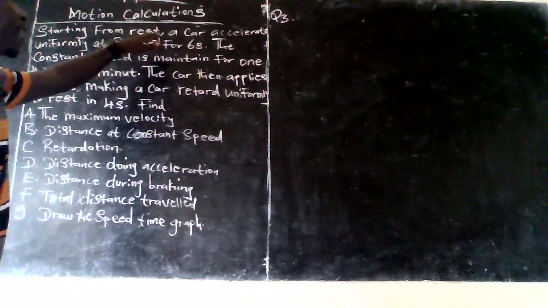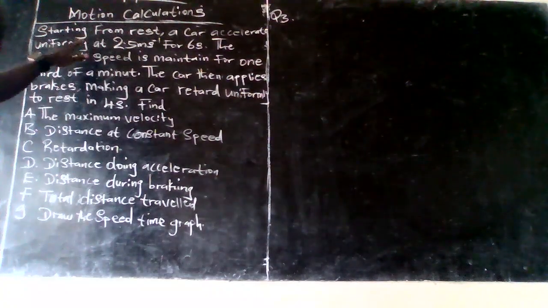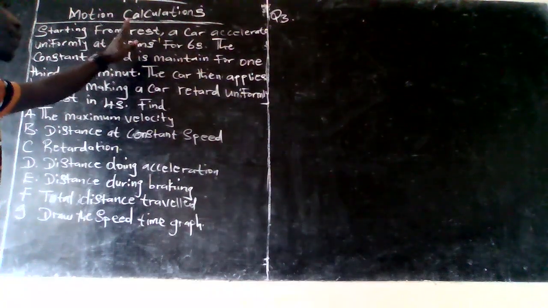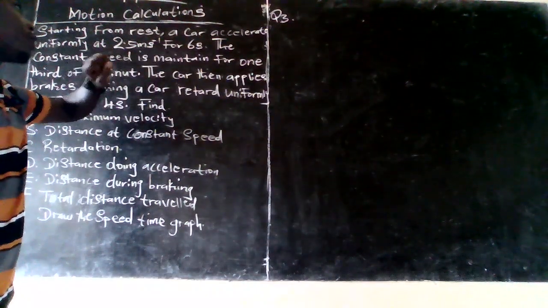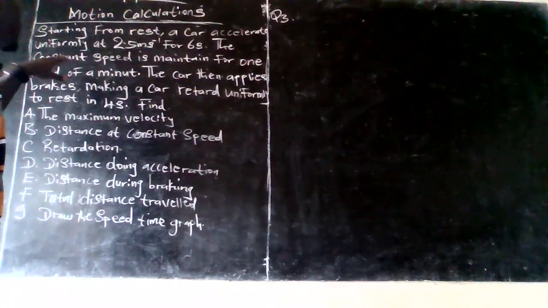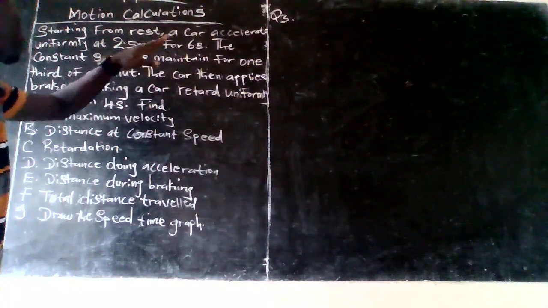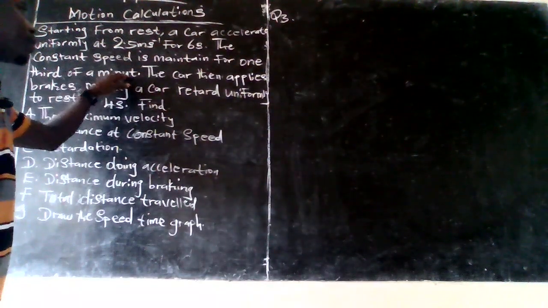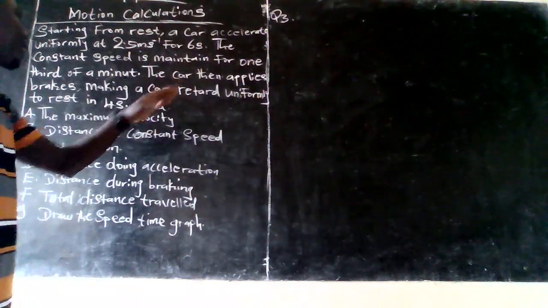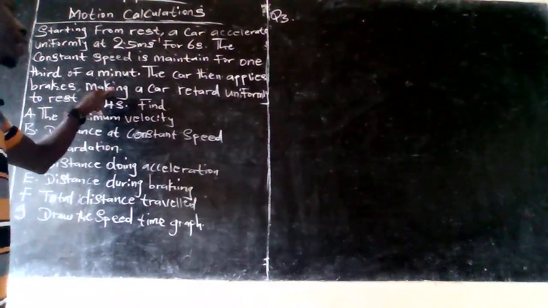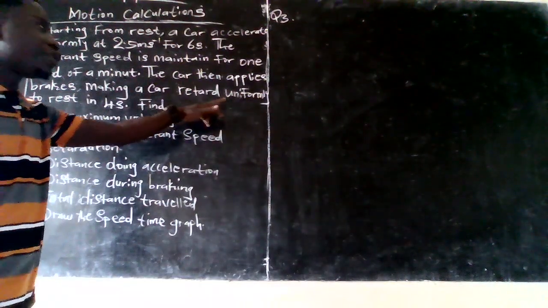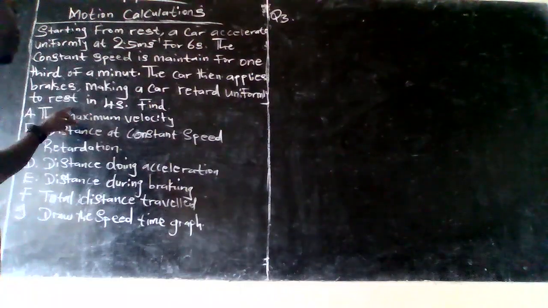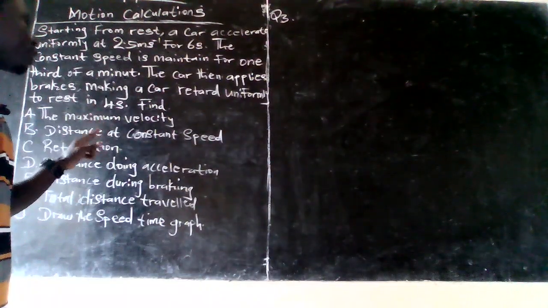Starting from rest, a car accelerates uniformly at 2.5 meters per second squared for 6 seconds. The constant speed is maintained for 1/3 of a minute. The car then applies brakes, making the car retard uniformly to rest in 4 seconds.